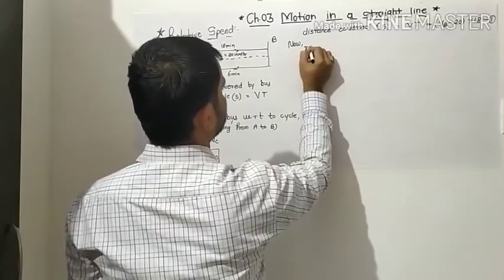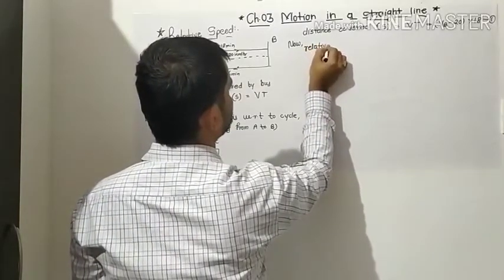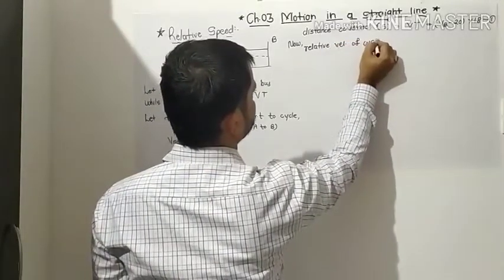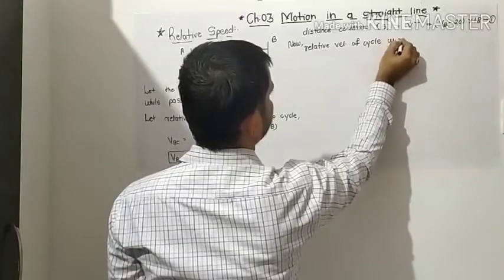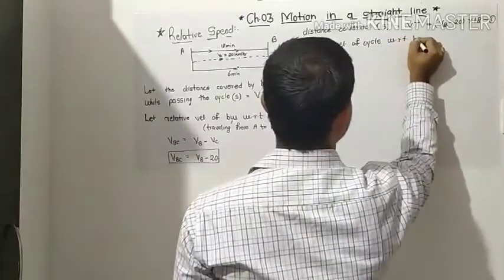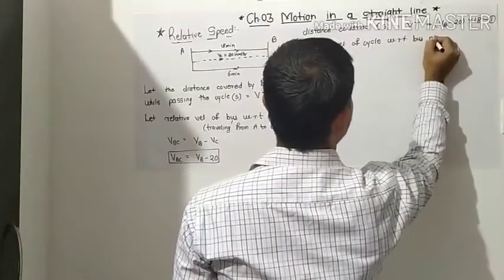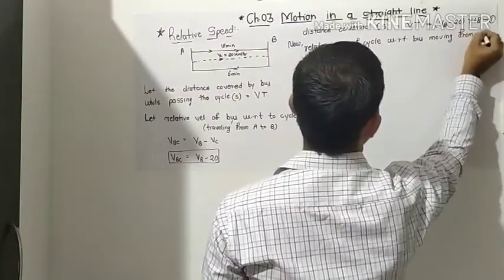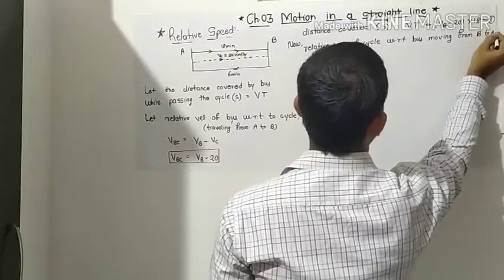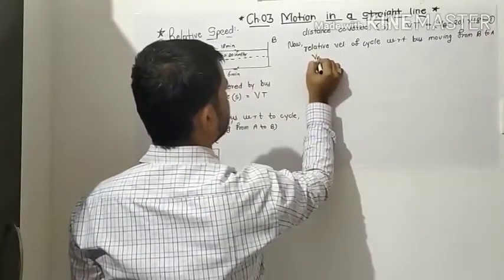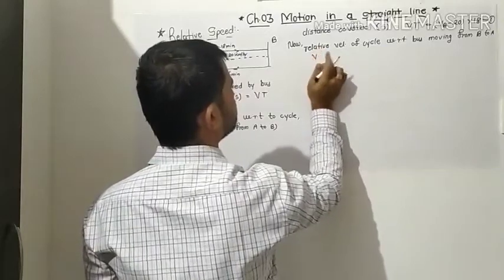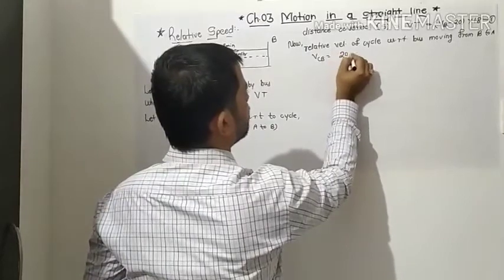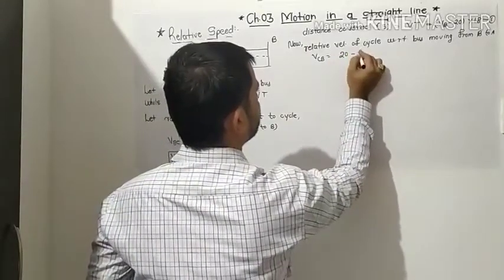Now the relative velocity of cycle with respect to bus moving from B to A. It is given as VCB, cycle with respect to bus, equal to, how much is it? 20 minus velocity of bus.